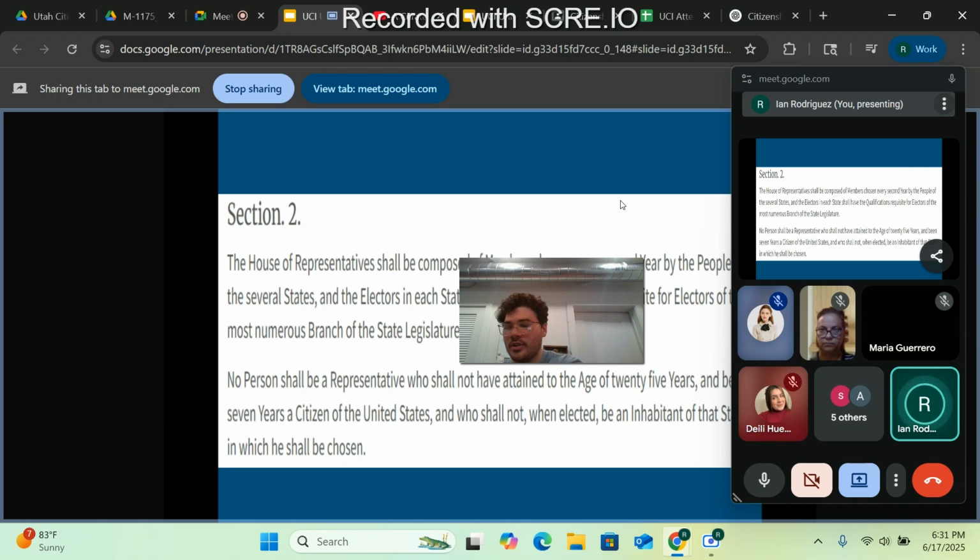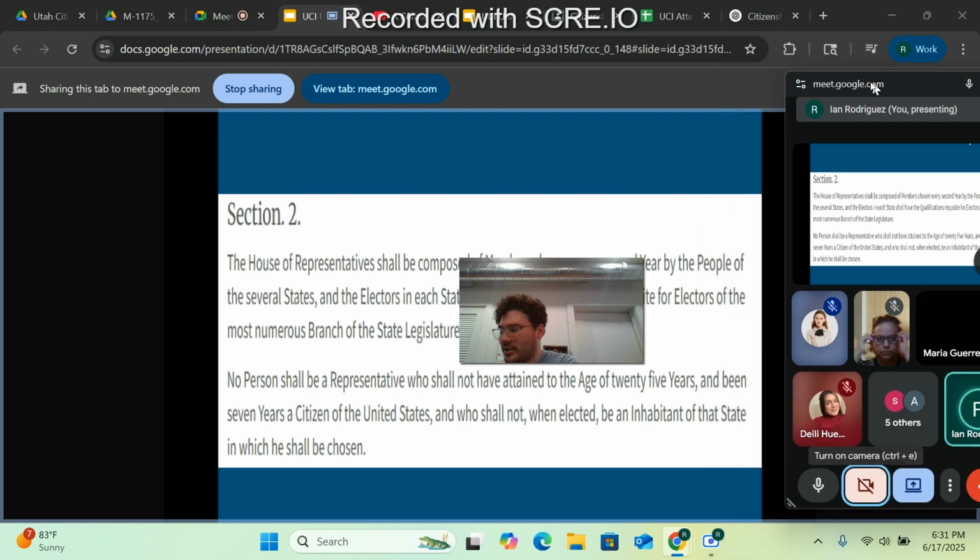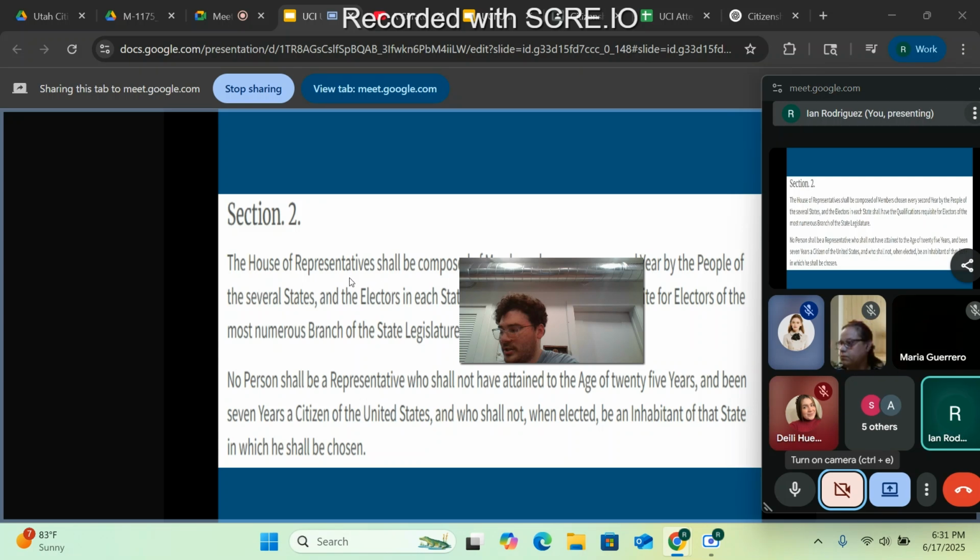And so this part right here, this slide, this is the words from the Constitution that tells us these rules. It says over here, the House of Representatives, and this is from Article 1, Section 2 of the U.S. Constitution.